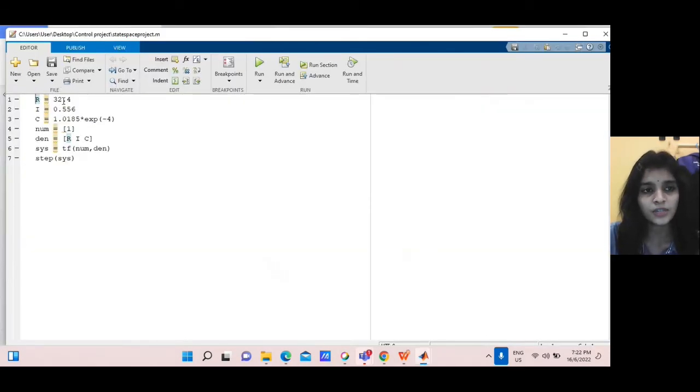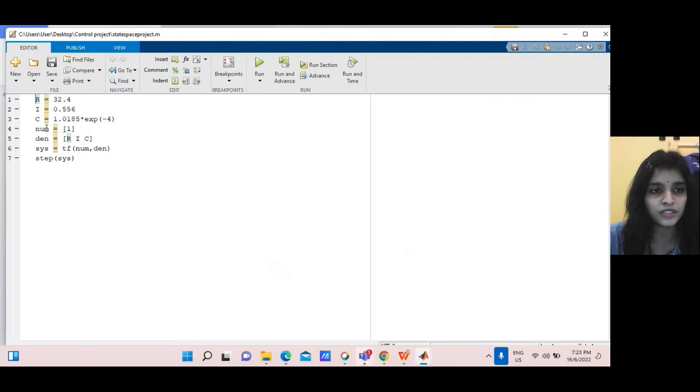So R is now assigned 32.4, and this one I am using the formula P equals V times I, from the mathematical result we got just now. The I will be 0.556 and the capacitor C is 1.0185. All of these we are using from the calculation in the methodology part, the mathematical results calculation.